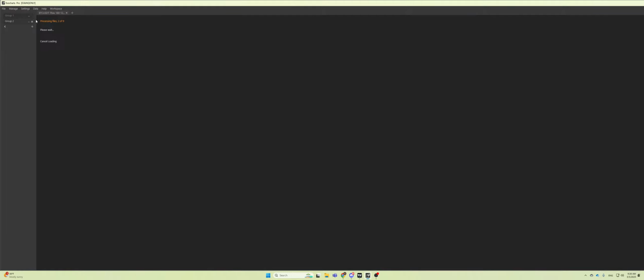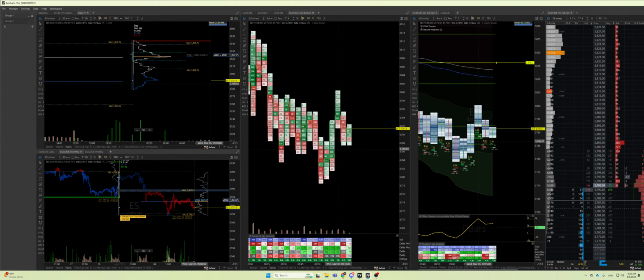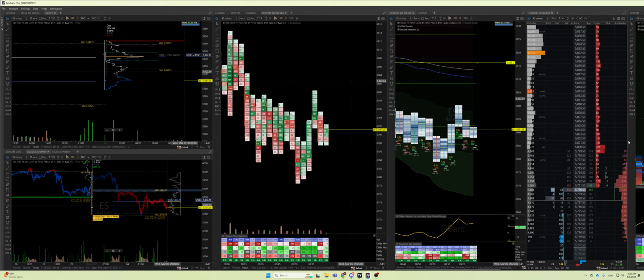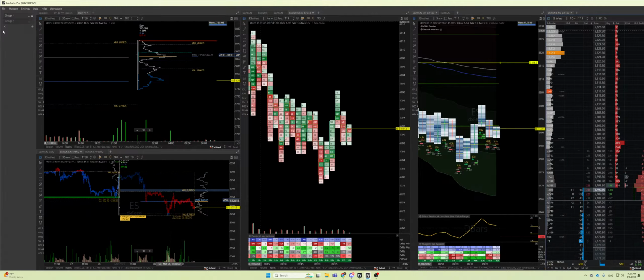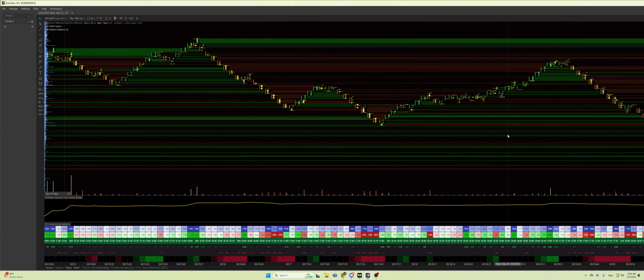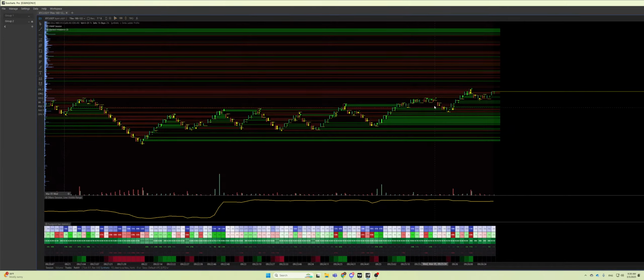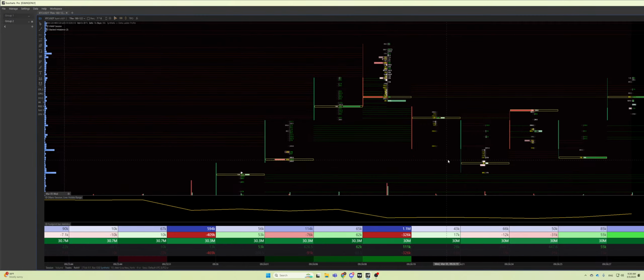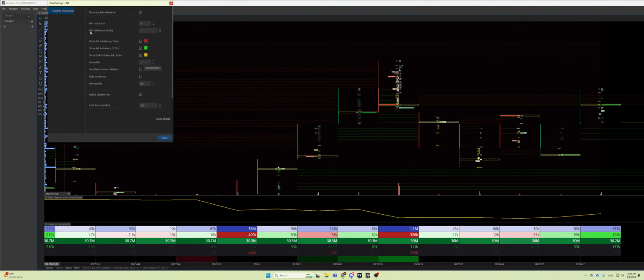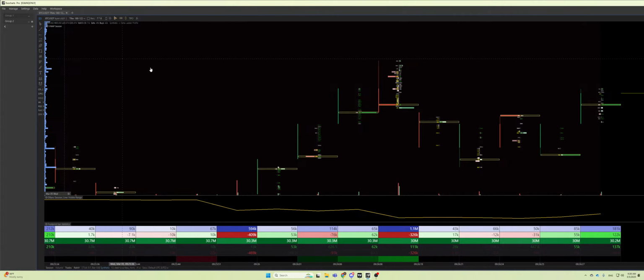Gotta change the volume, switch it up to synthetic. Okay, there we go. See how we have an imbalance everywhere? This might not need a stacked imbalance, to be honest.